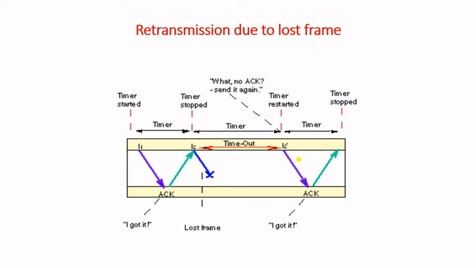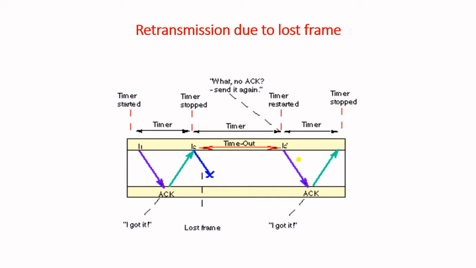In this diagram, the two horizontal lines above represent the sender, and the two below represent the receiver. When the sender starts sending the data, it starts a timer.